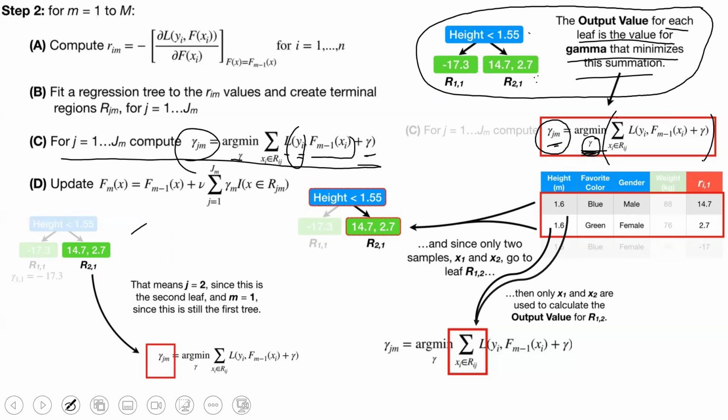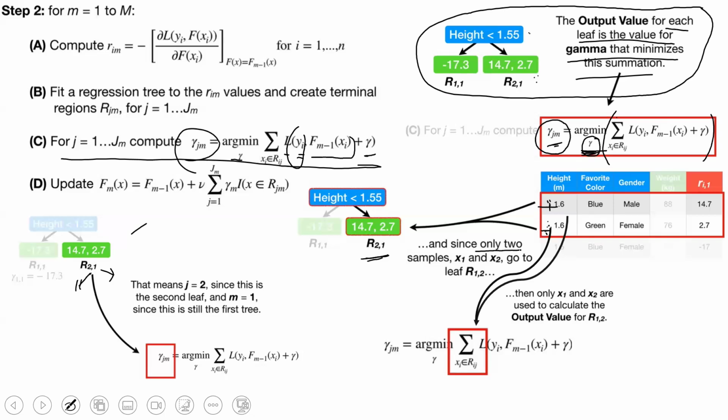So if you look at the summation, j is equal to 2, since this is the second leaf, and m is equal to 1, since this is the first tree. This 2 indicates the leaf and this indicates the tree. Now, if you expand this summation, these two samples are responsible for ending up in this particular residual.